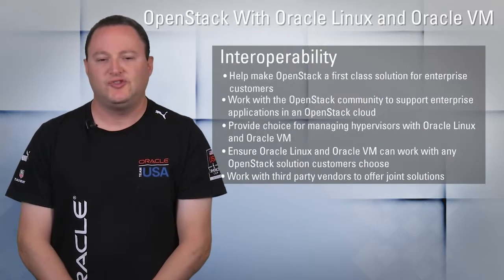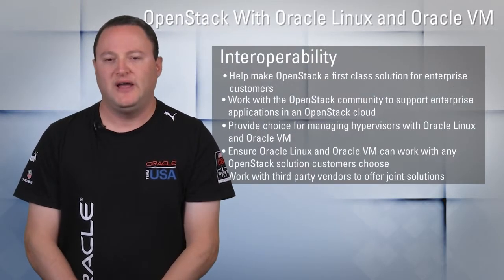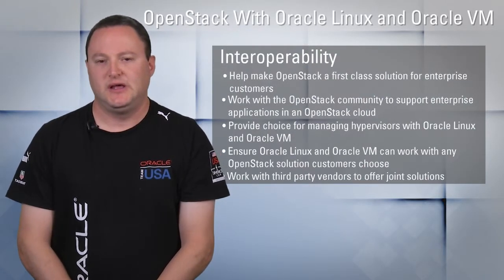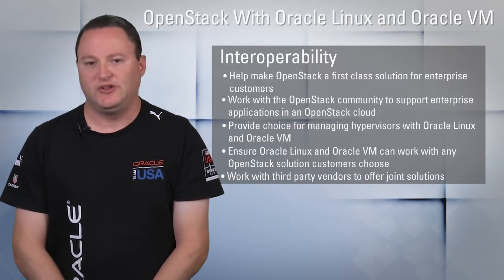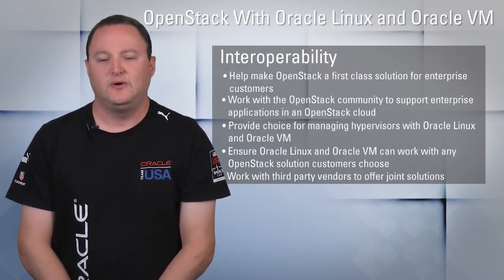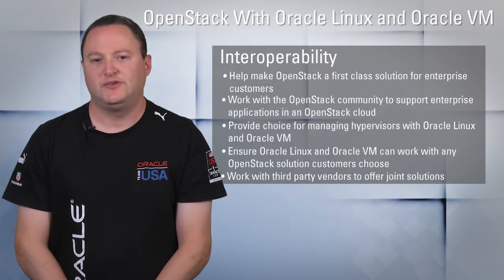So one very important piece of the OpenStack solution from Oracle is the choice. We make sure that while Oracle can provide the entire solution top to bottom, and we'll show that shortly, Oracle also supports integration with other solutions.